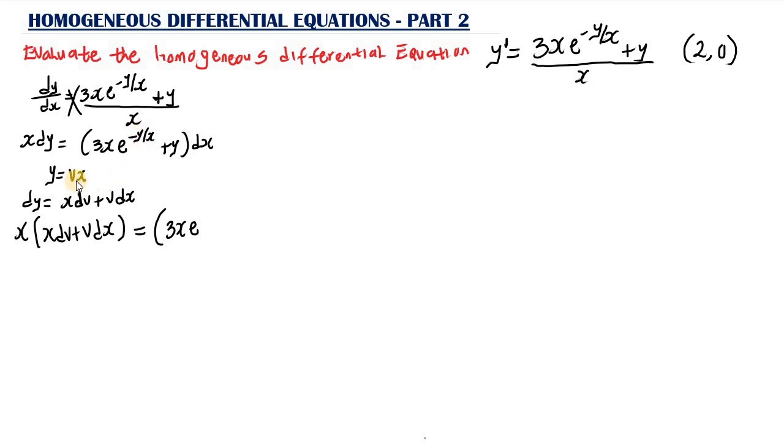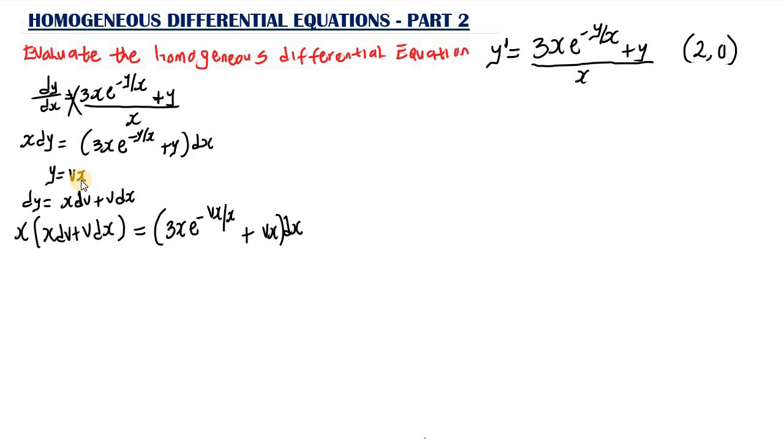Since y is vs, this is negative vs divided by s, then plus y, which is vs, multiplied by ds.